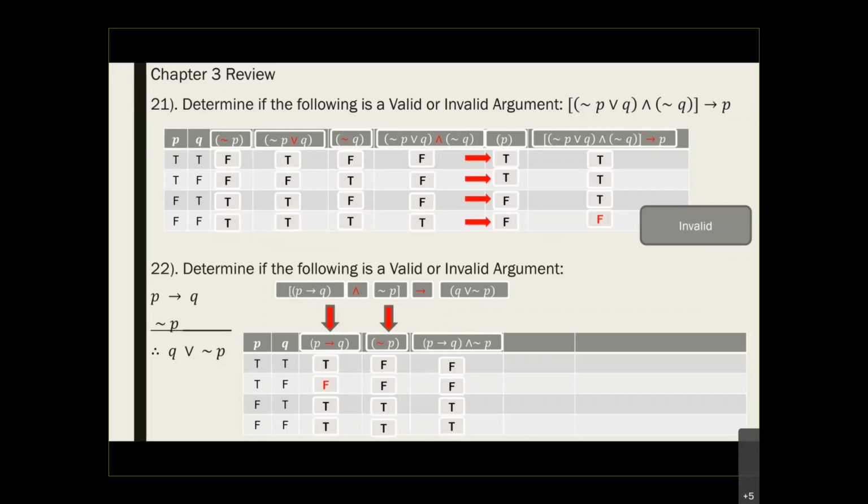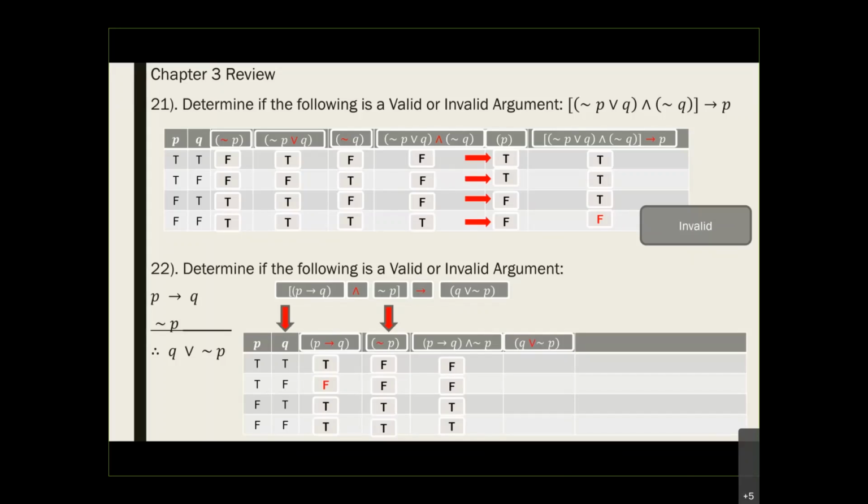Before I can do the last conditional, I need to do what is outside my bracket, which is Q OR negation of P. Those are the two items I'm looking at.